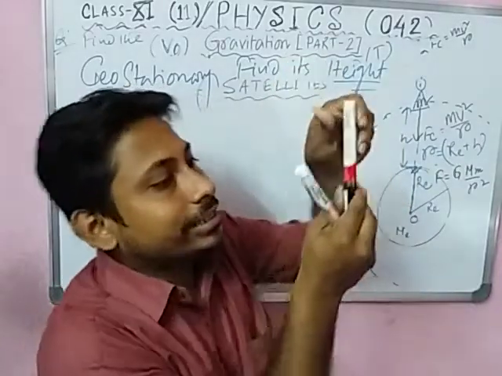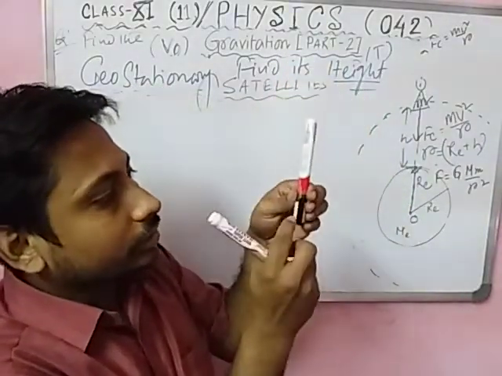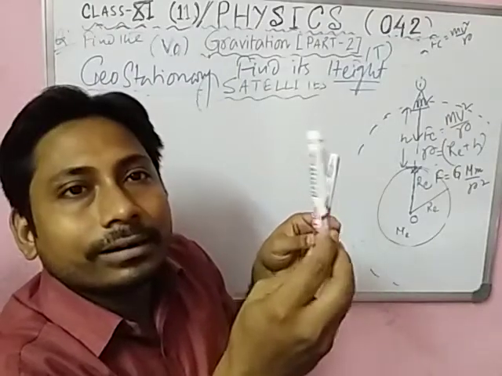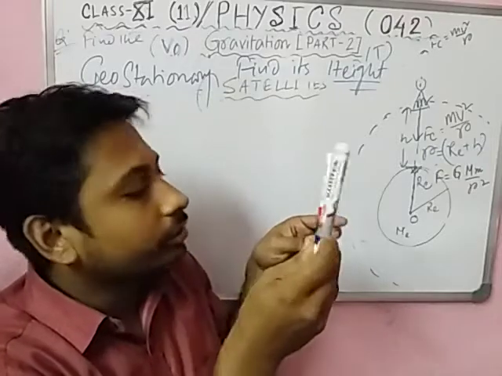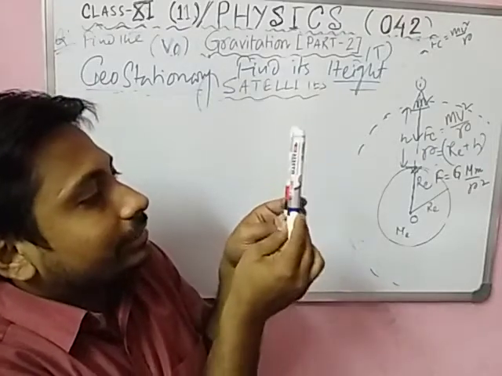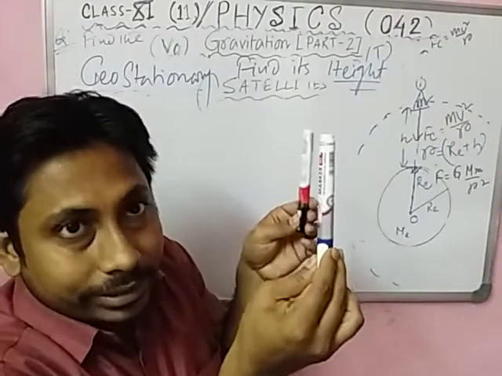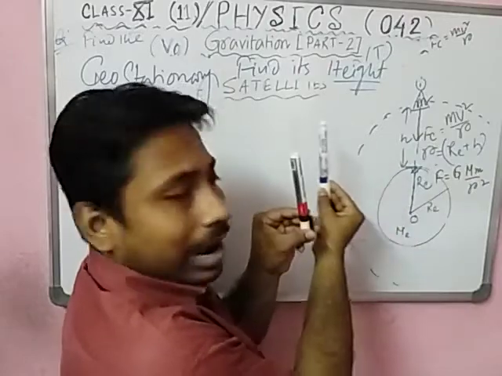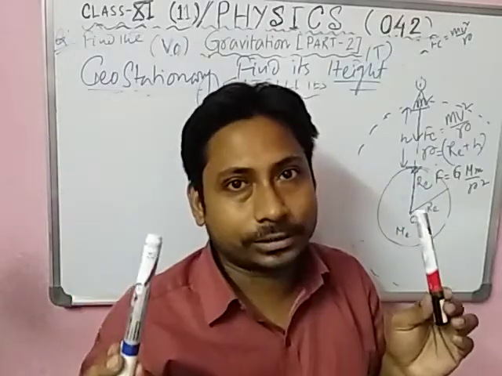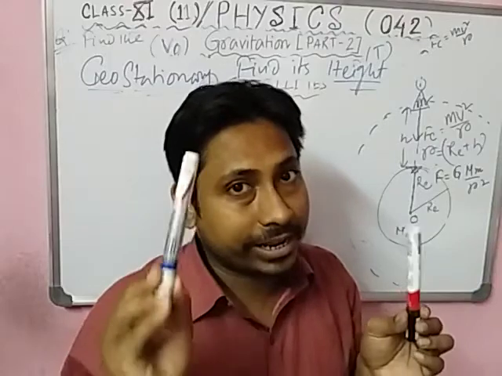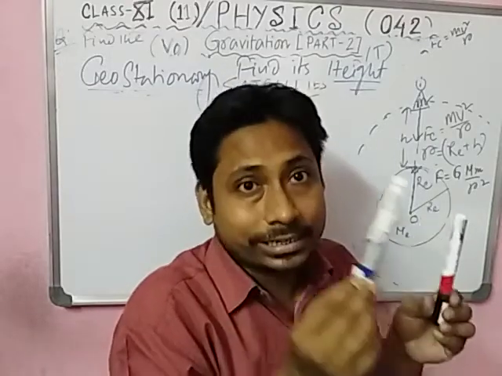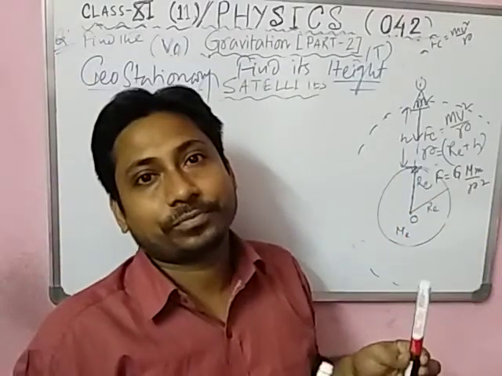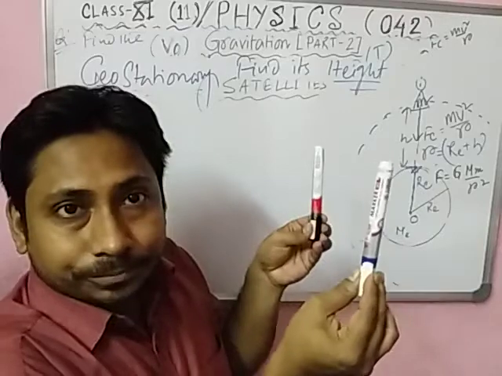Got it? See this indicator. Suppose this is NASA placed in the equator and you place another satellite which is called GEO and you will place it at a certain height so that it will revolve round the earth in 24 hours. Students, listen very carefully. A satellite's time period or velocity depends on the height.